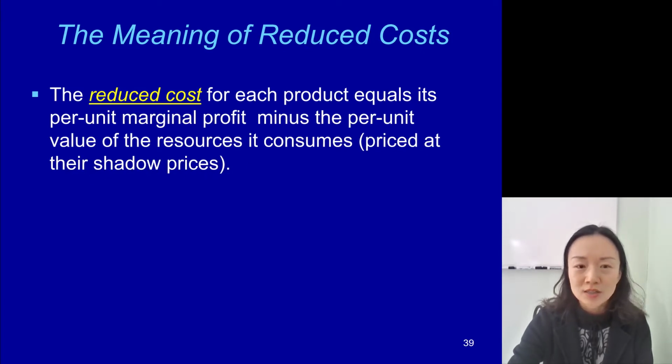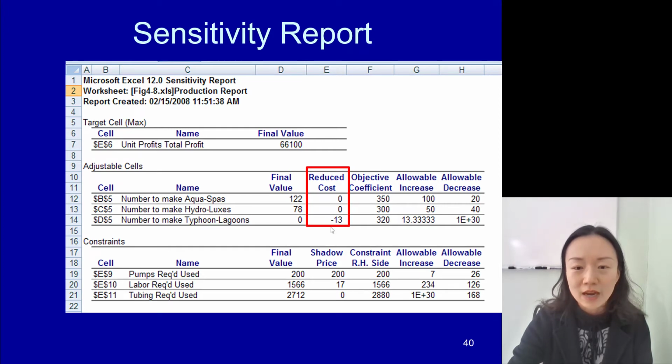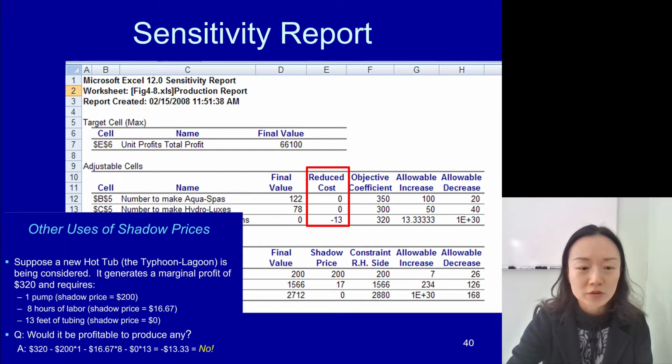So the reduced cost is calculated the same way as when we analyzed whether it is profitable to produce this third type of hot tub. Okay, so we used the per unit marginal profit, which is 320, subtracting the per unit value of the resources, all priced at their shadow prices. For example, if we look at this negative 13 here, how we calculate it is this 320 subtract this $200, which is the shadow price of the first constraint, and because its decrease is 1, it's within the allowable decrease, so the shadow price will hold.